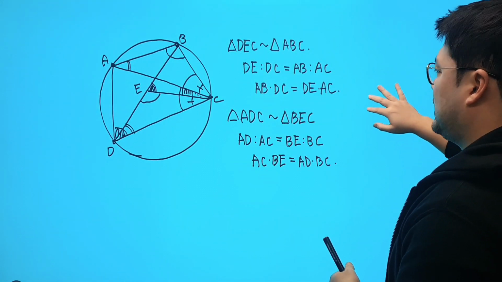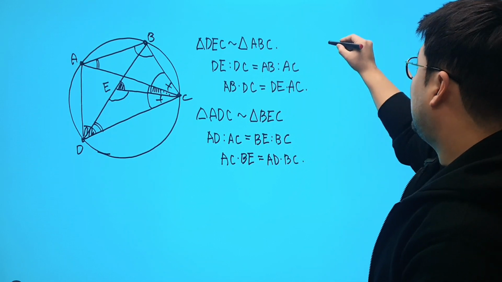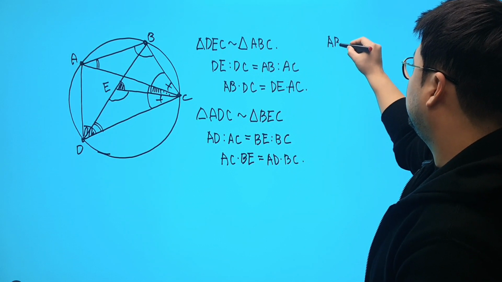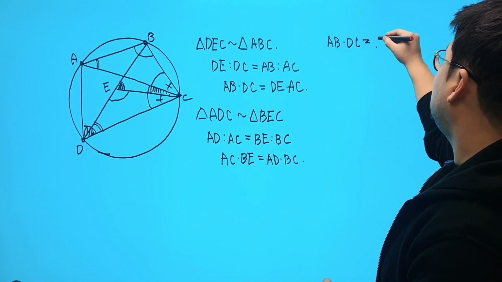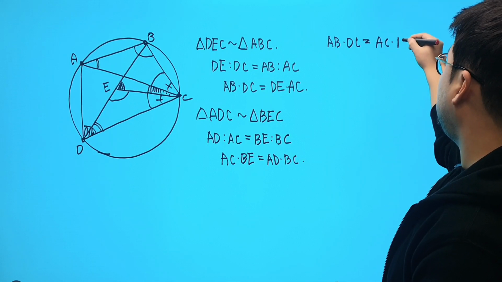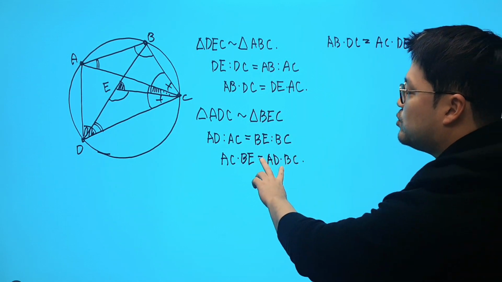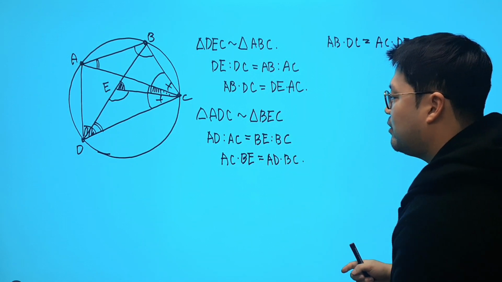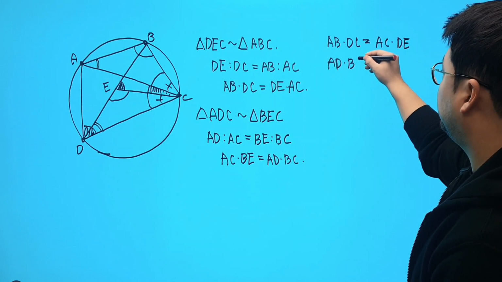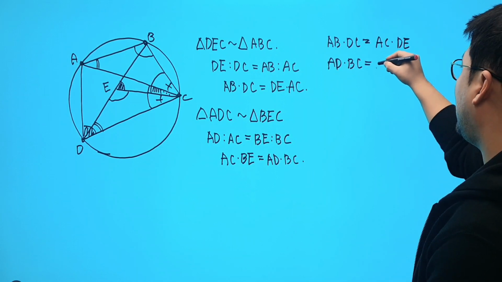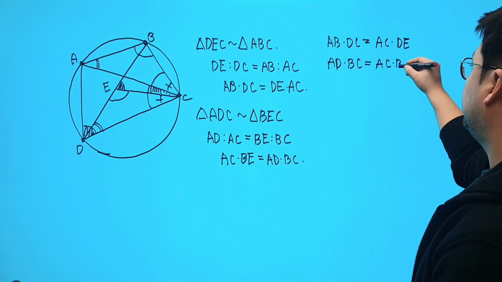So here's what's going to happen. I'm going to say AB times DC is going to be AC times DE, and I would like to switch the order of things being written. So if I write it down as AD times BC, this is just going to be AC times BE.